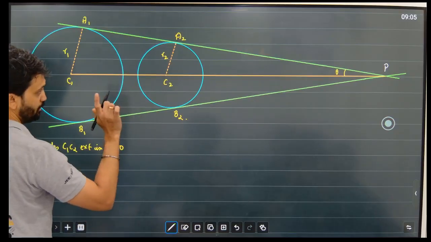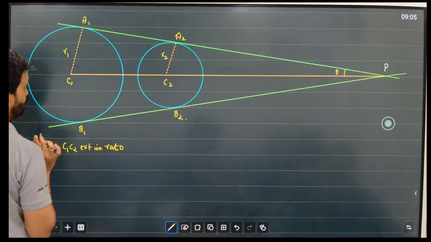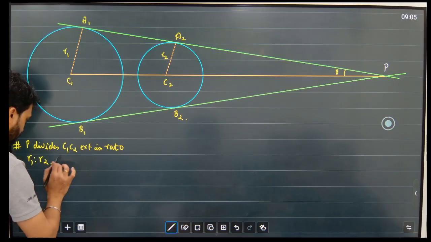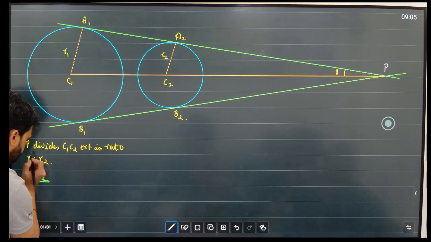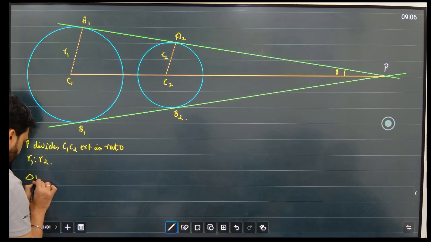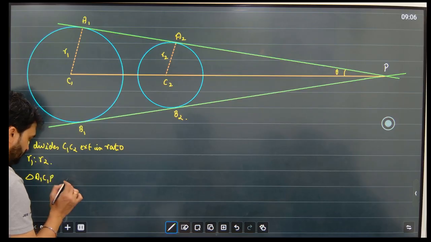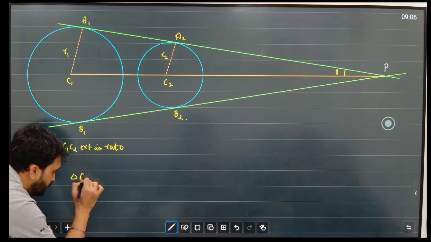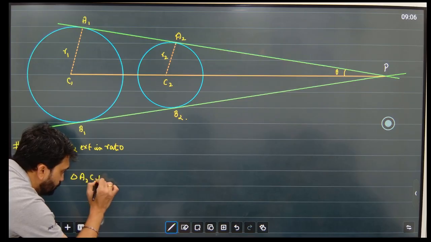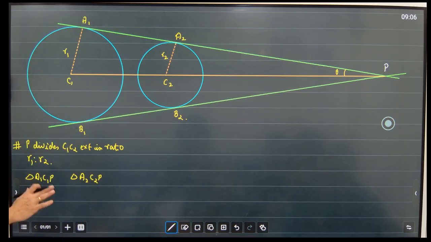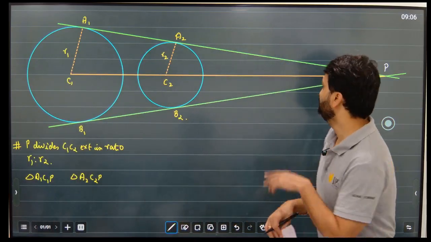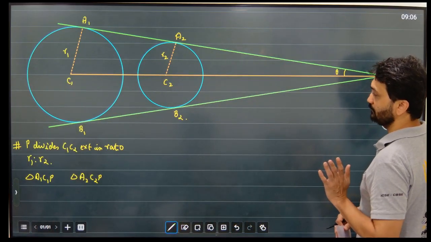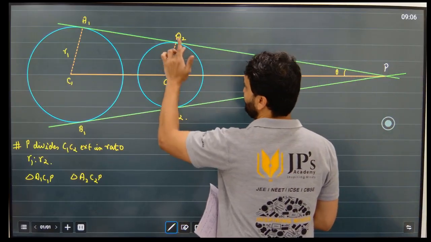I'll tell you. Look carefully. Look at triangle A1 C1 P and triangle A2 C2 P. Can I say that they are similar? They are similar triangles. First of all, point P is common. And see, this is 90 degrees.